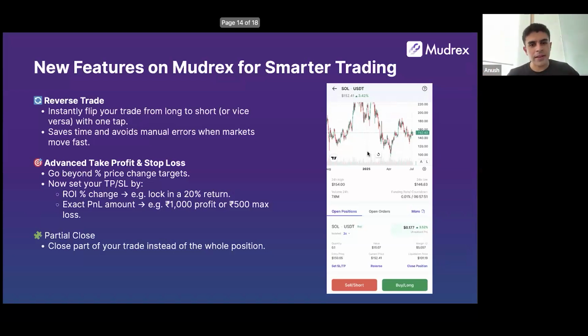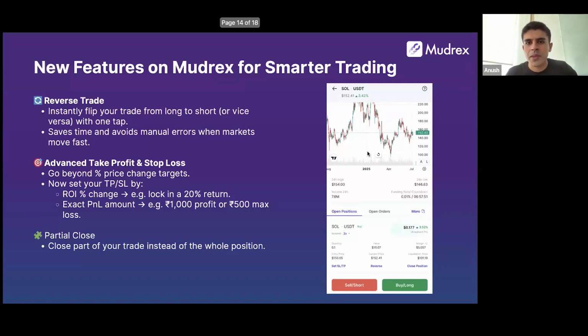So this is super practical because sometimes we think about trades in real money terms. We know the exact amount we're comfortable risking or the profit target that makes it worth the effort, right? So this added flexibility means you can now fine tune your trades in a way that matches your strategy, your goals, and your psychological comfort zones as well.